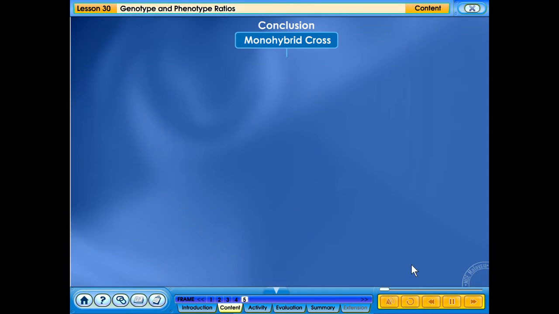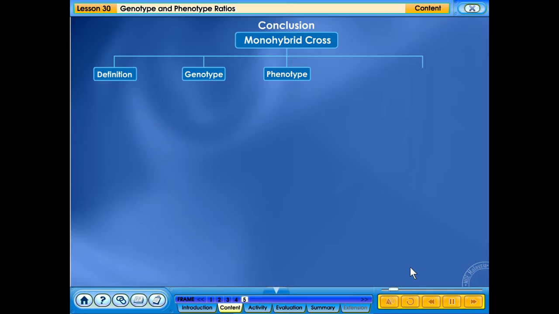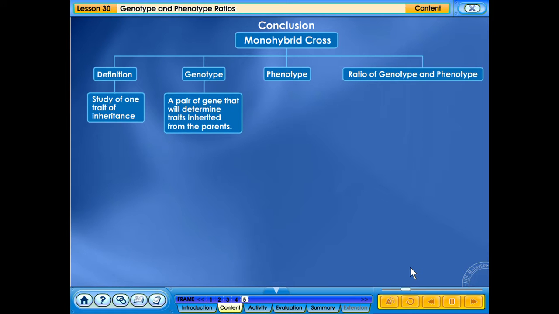Monohybrid cross. Definitions: genotype, phenotype, ratio of genotype and phenotype. Study of one trait of inheritance. A pair of genes that will determine traits inherited from the parents. The physical trait that is visible.